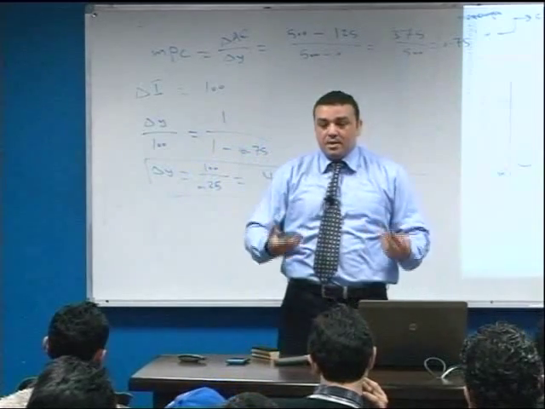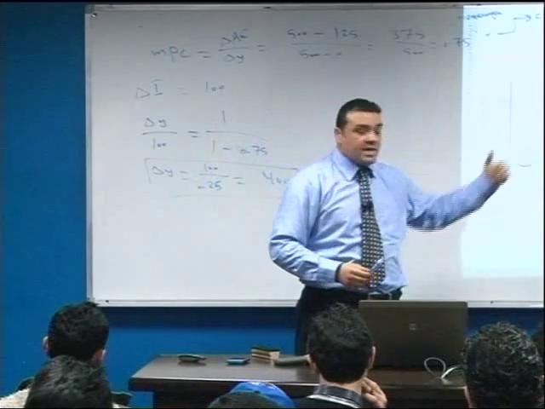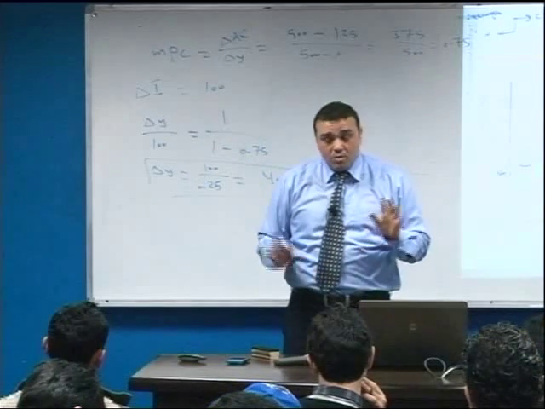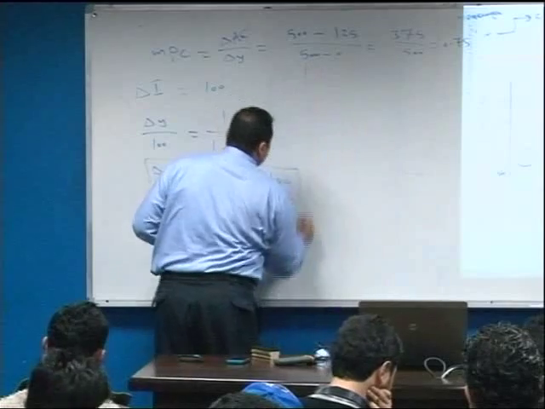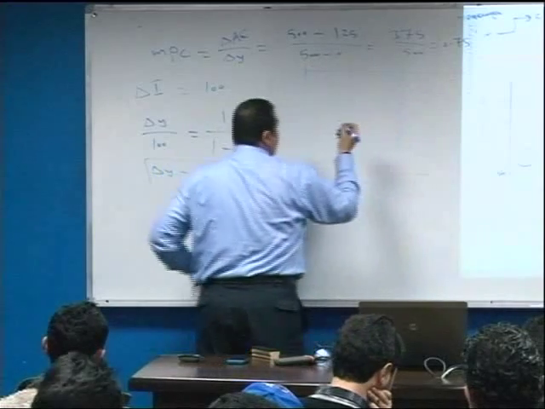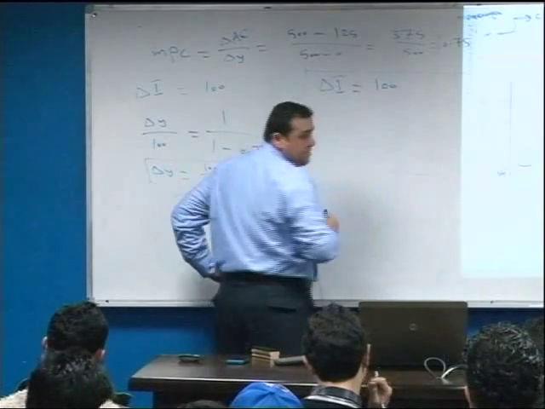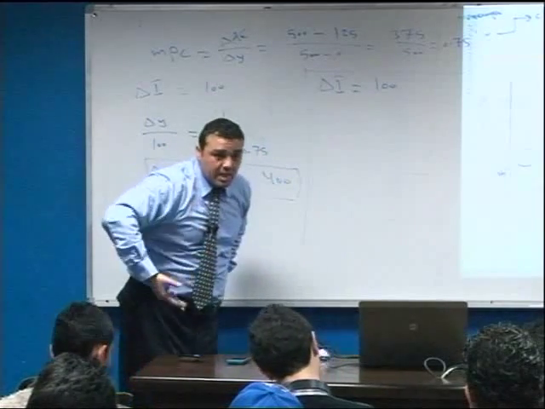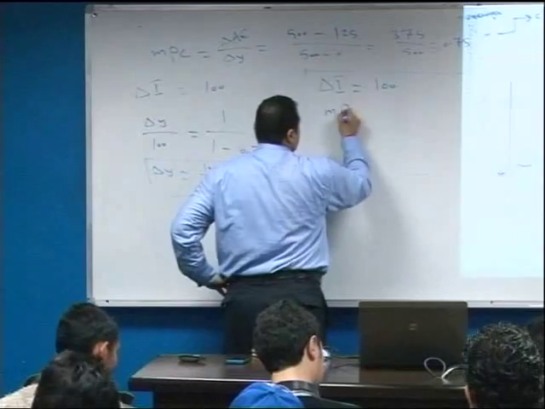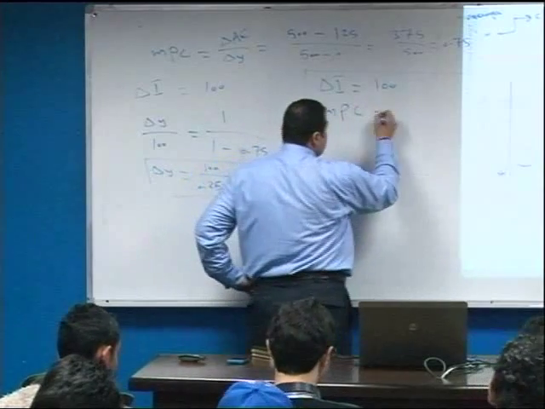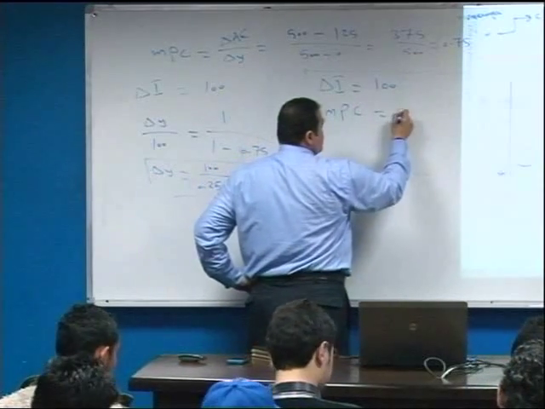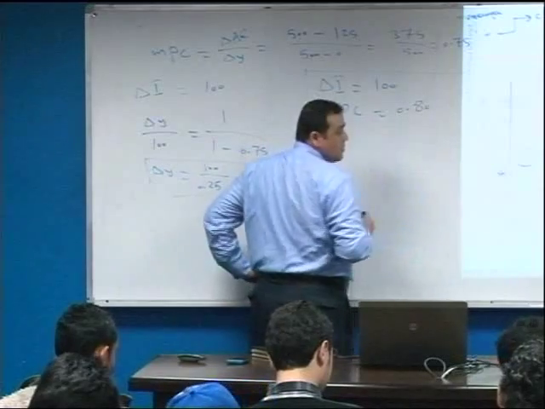What would happen to the aggregate output? We will see. Our assumption is delta I equals positive 100, and the MPC increased from 0.75 to 0.80.